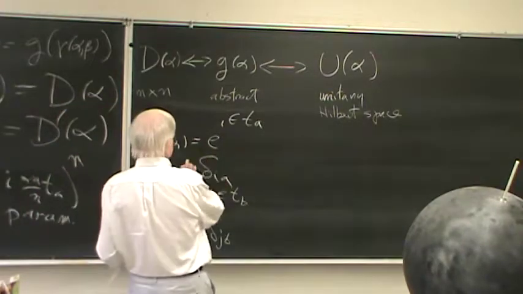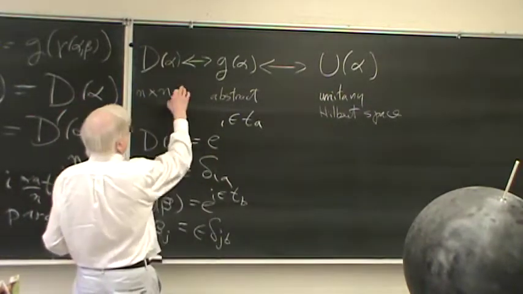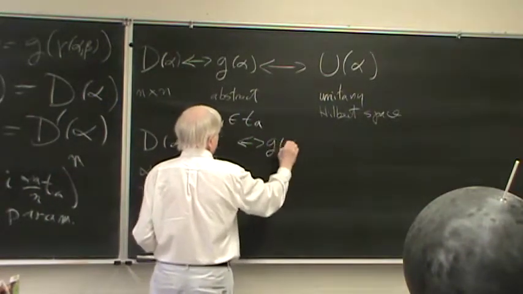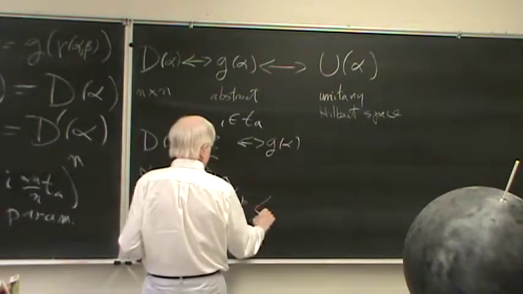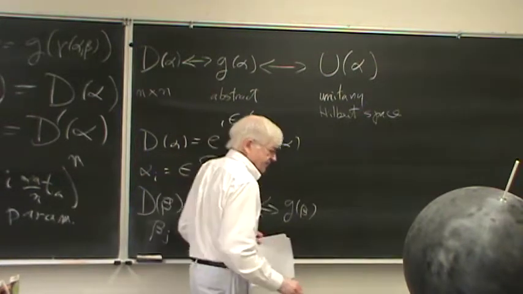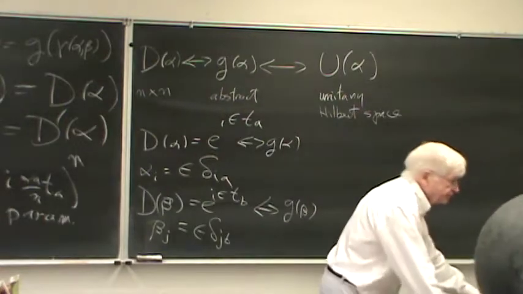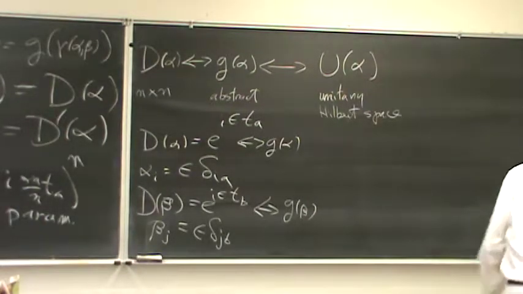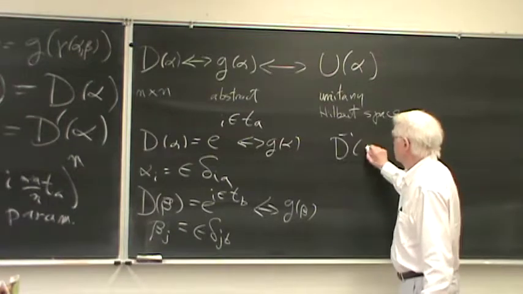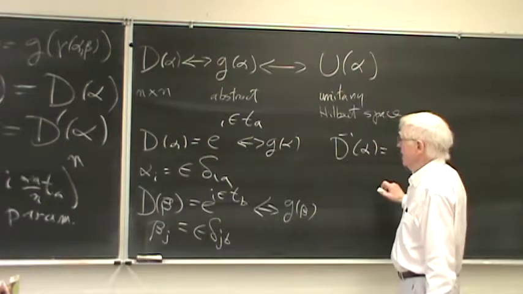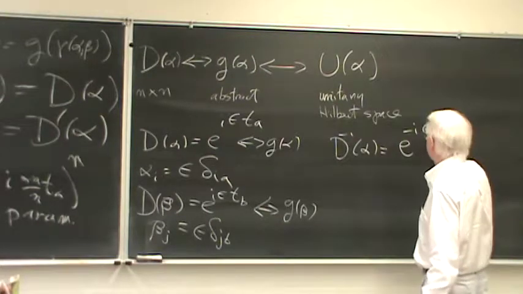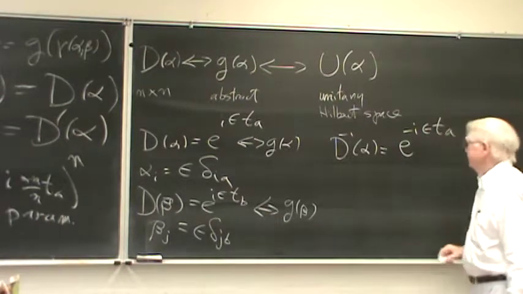So then these elements correspond to, of course, the group elements G of alpha. These correspond to the group elements G of beta. And then there are going to be inverses, D inverse of alpha, which would be just e to the minus i epsilon T_A.